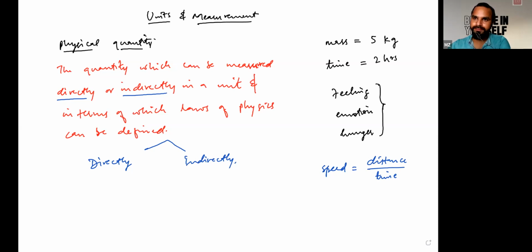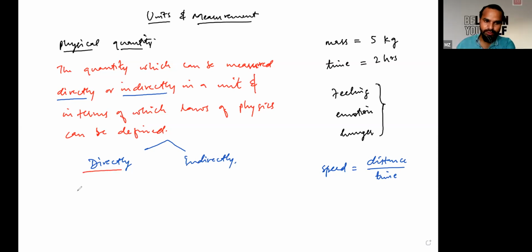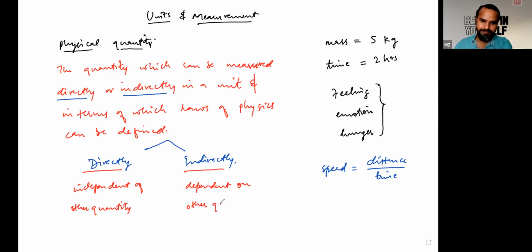Okay, sir. So the directly measurable quantities are those which are independent of other quantities, and indirectly measurable quantities are those which are dependent on other quantities.